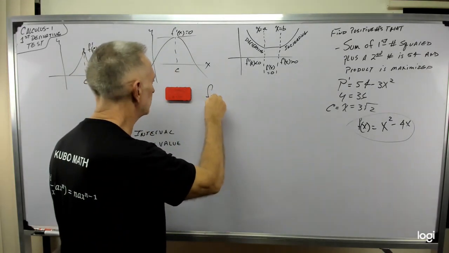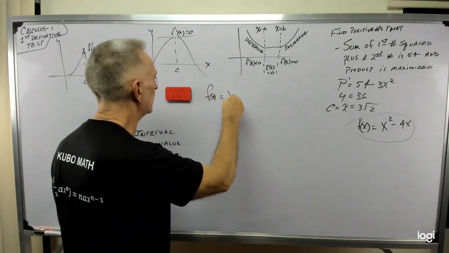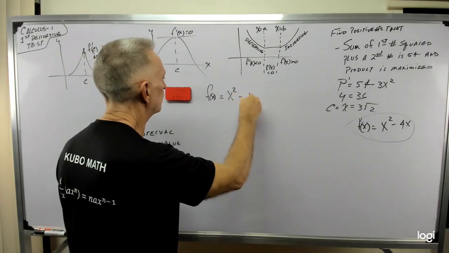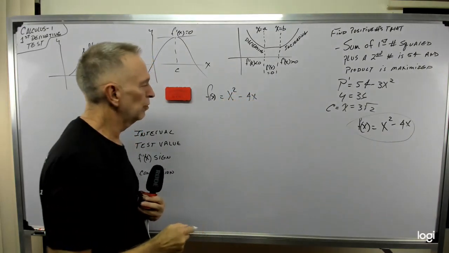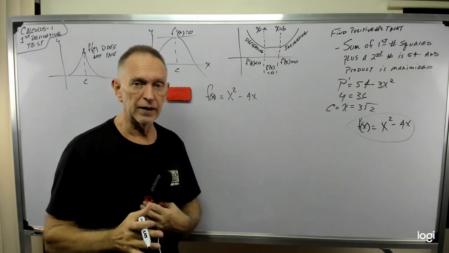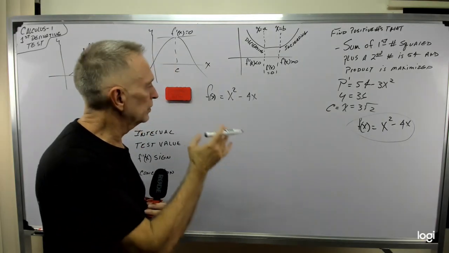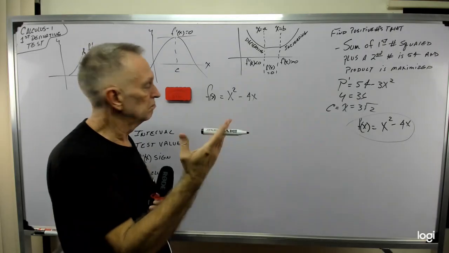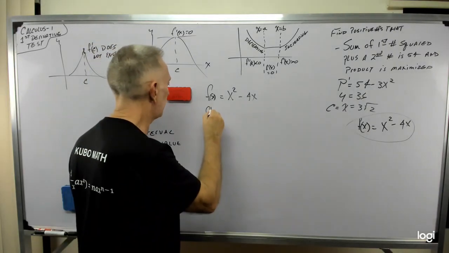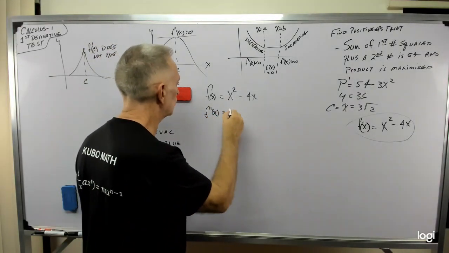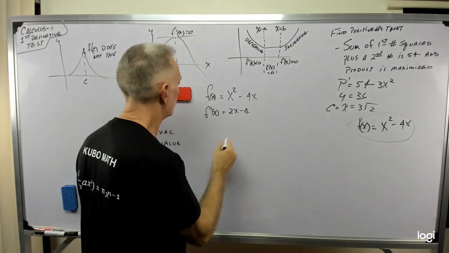f of x equals x squared minus 4x. And we're trying to find a critical value, x equals c, and see if it's a relative minimum, maximum, or what. So f prime of x equals 2x minus 4.